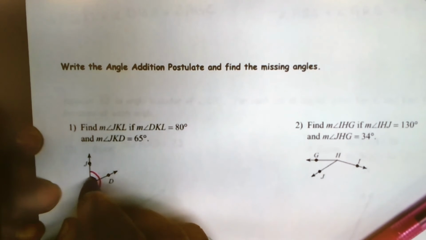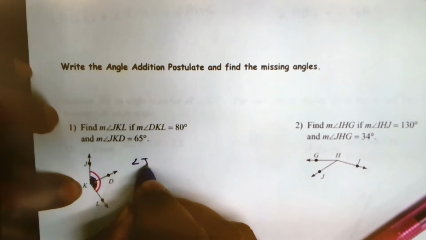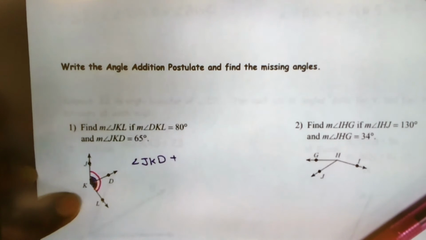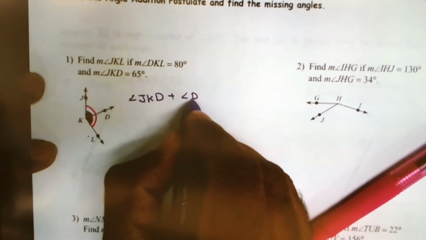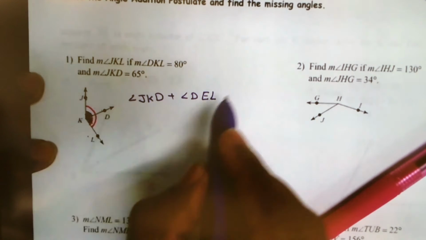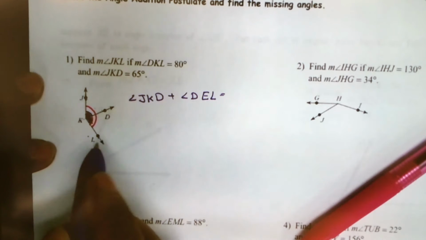This is JKL. So small angle JKD plus the second small angle DKL. If you put those two angles together, you will get the big angle, that is angle JKL.